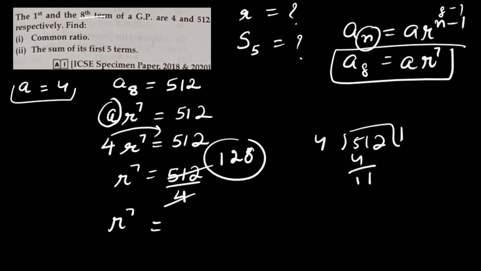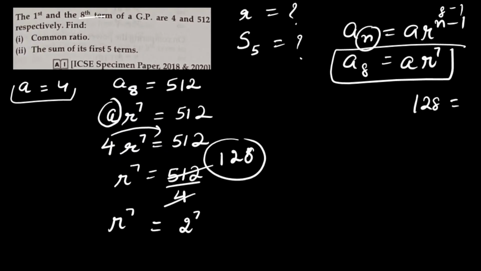In previous questions we have done prime factorization of this, and we know 128 is 2 to the power 7. I've just written 128 in its exponential form.